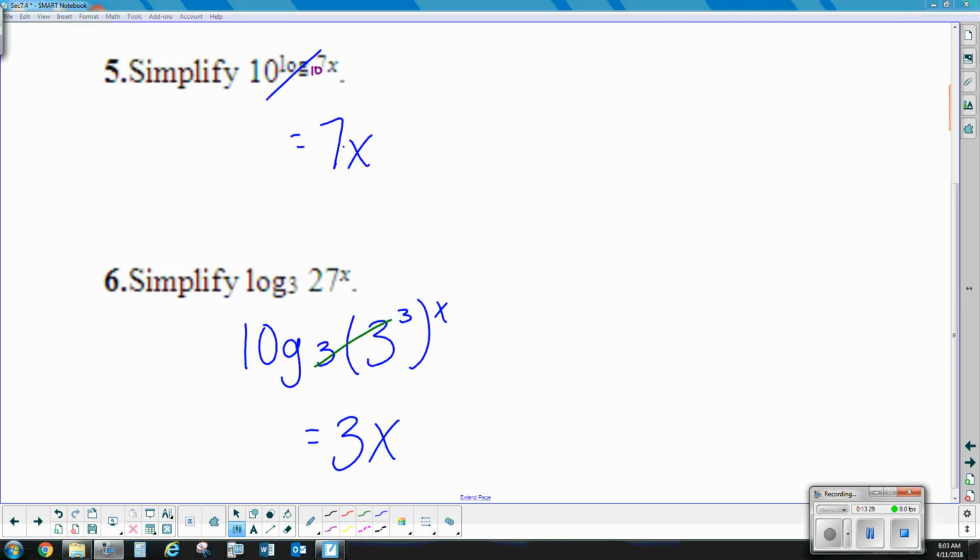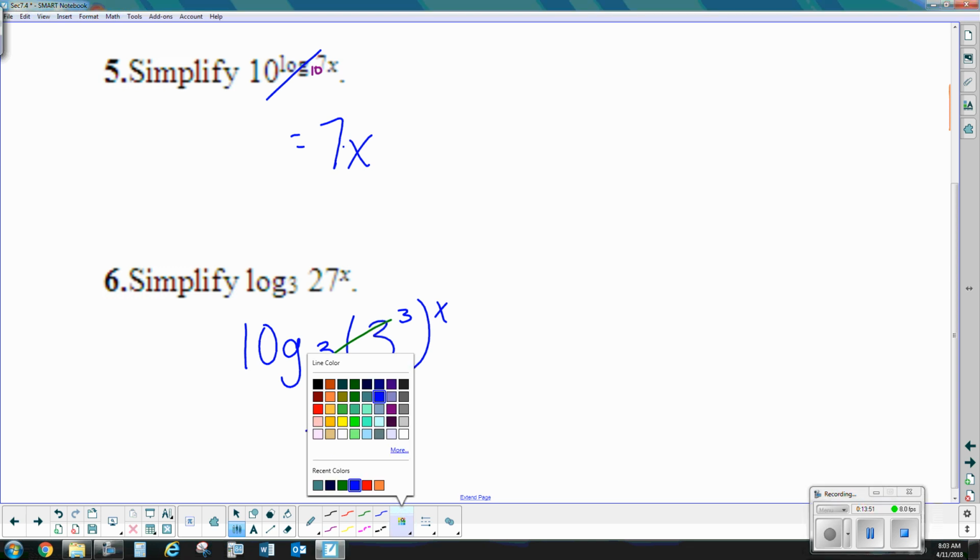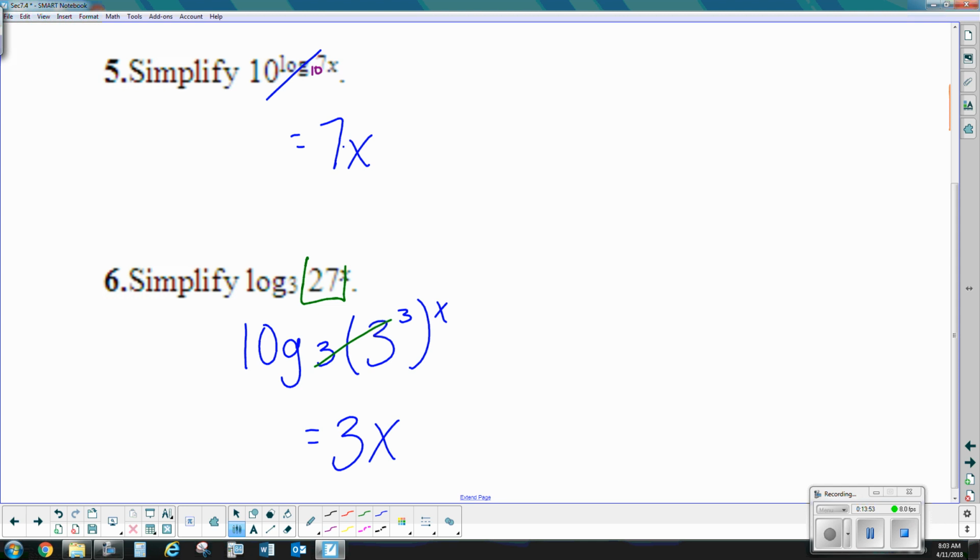Right, in the first one, since you have 10 times log of 7x, and you don't have an indicated base, that means it's a common log, which is base 10. So 10 to the power of log base 10 of 7x is just 7x. And in the second one, again, you have to rewrite 27 as 3 to some power because that's what your base is.